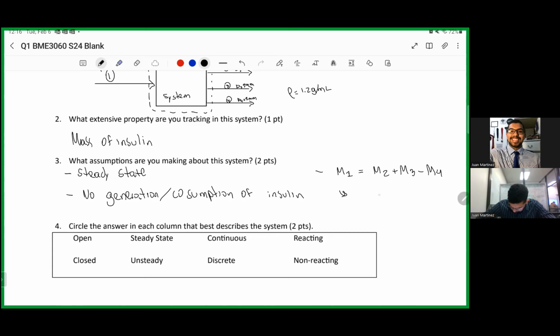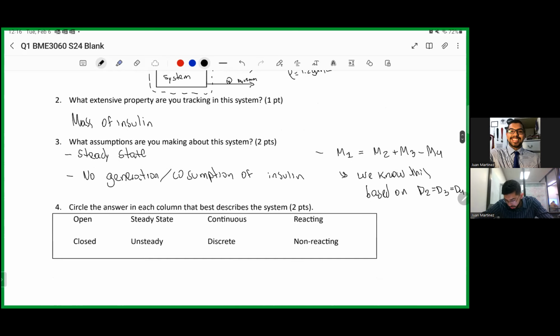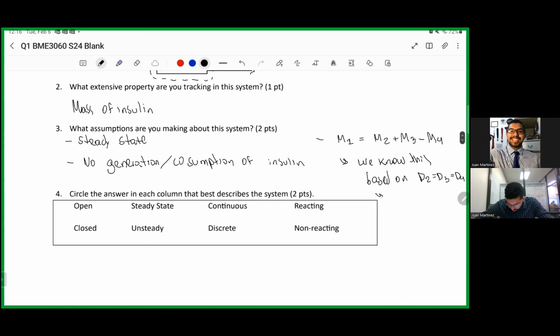We know this based on the fact that D2 is equal to D3 equal to D4, the diameters. Another thing that we can say from this is that M2 is equal to M3, which is equal to M4, or are relatively similar. We're essentially saying that the mass going out is the same in each stream, and that their addition is going to be equal to the input.